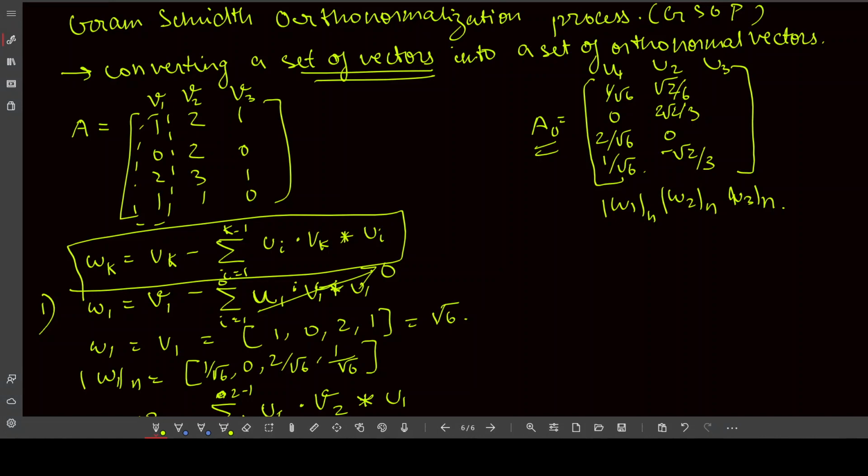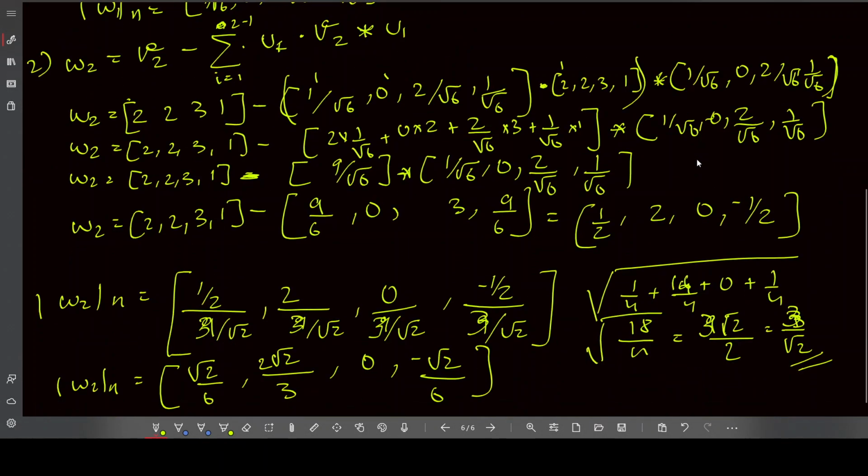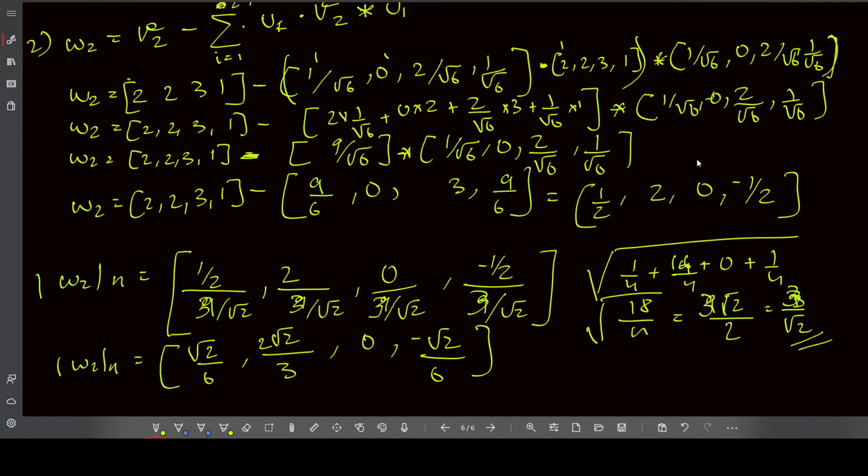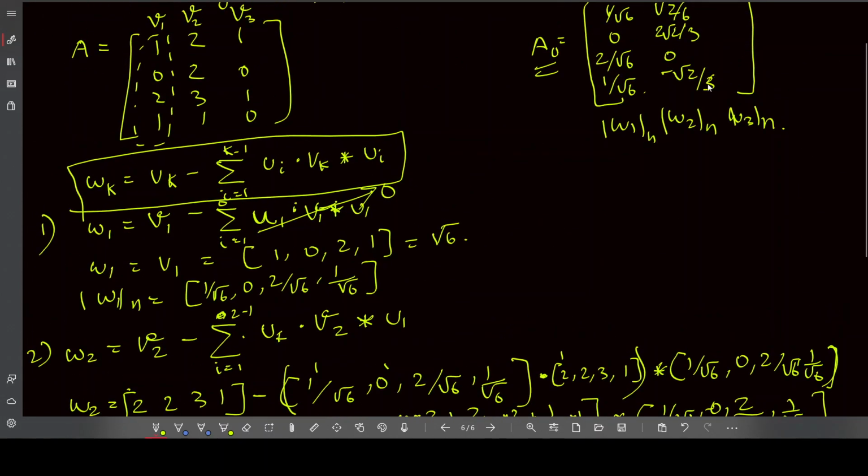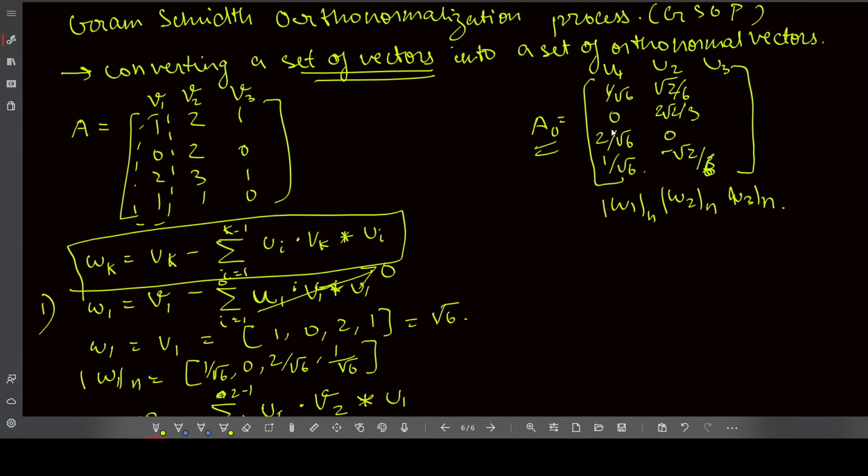Let me just check my notes if what I've written is correct. Yeah, minus under root 2 by 6 apparently. Yeah. Okay, so this is the value of u2.